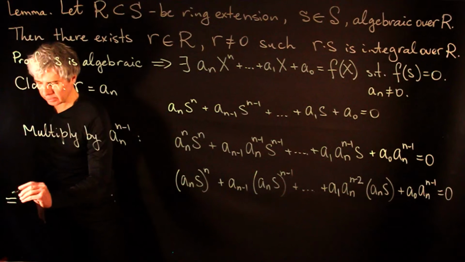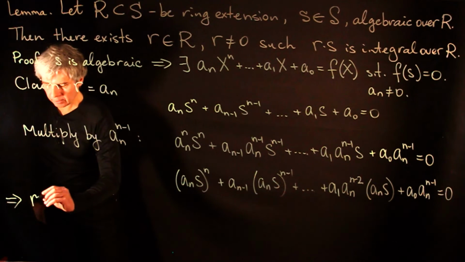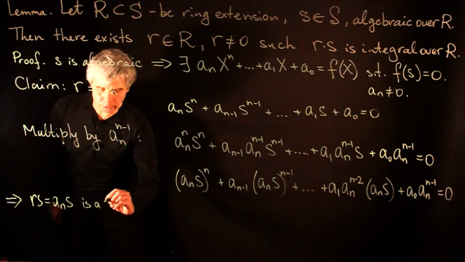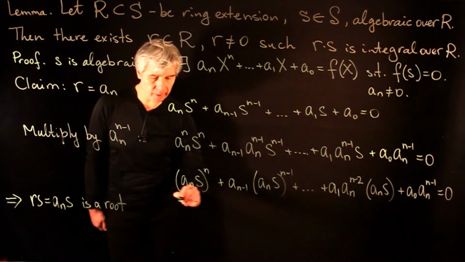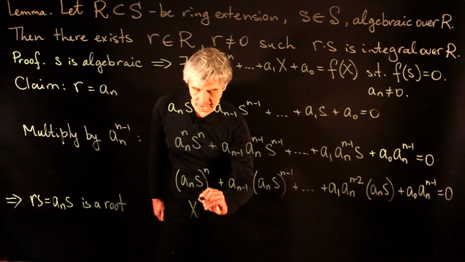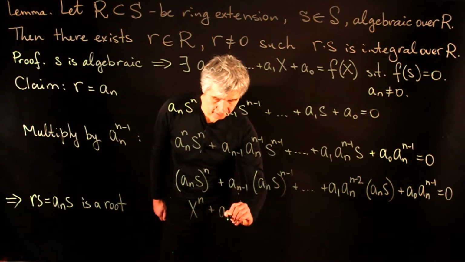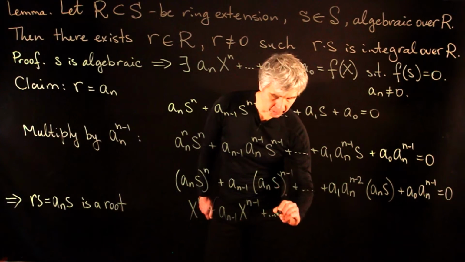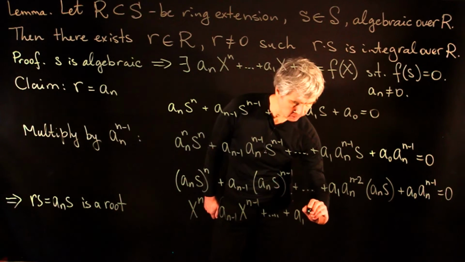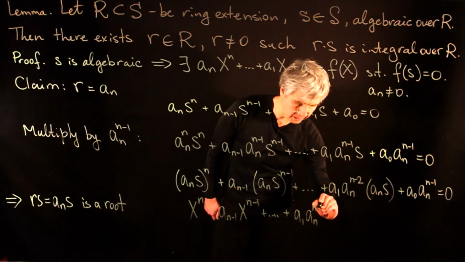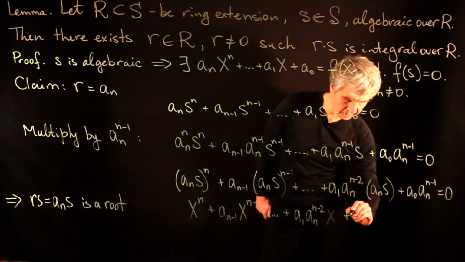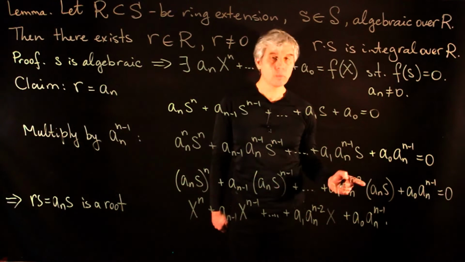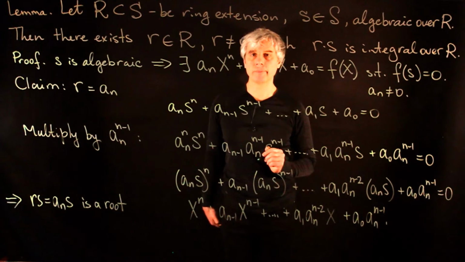And this tells us that rs, which is a_n times s, is a root of a monic polynomial x to the n plus a_{n-1} x to the n minus 1 plus ... plus a_1 times a_n to the n minus 2 times x plus a_0 times a_n to the n minus 1, which is the claim of our lemma.